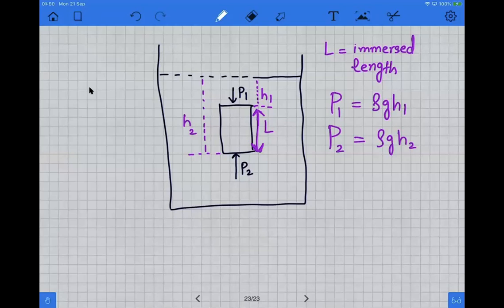Now, if we calculate the net force, it would be the force at the bottom, P2A, minus the force at the top, P1 into A. This net force, which is upwards, is called upthrust.